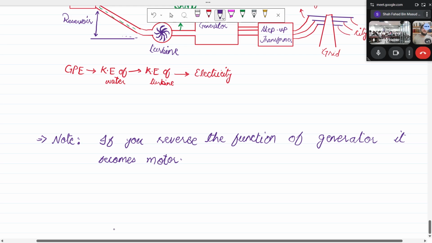Did you understand what I wrote? If you reverse the function of a generator, it becomes a motor. Sir, yes sir.